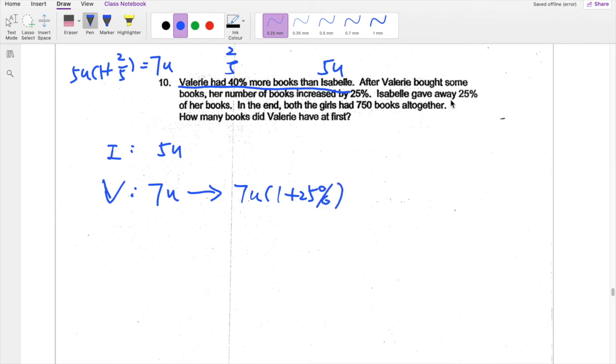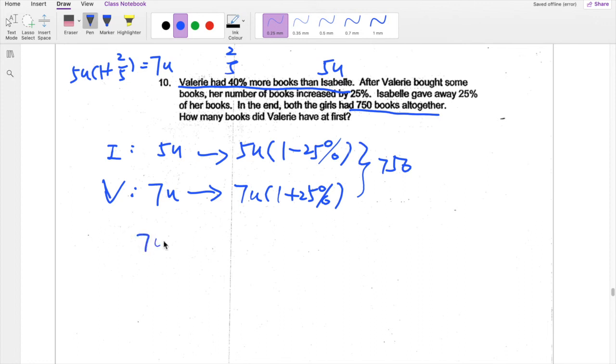Well, Isabella gave away 25%, so Isabella has 5u times 1 minus 25%. At the end, both girls have 750 altogether. So this sum is 750. We know that 25% means what? 1/4, right?